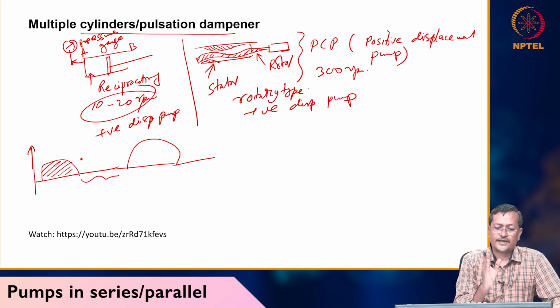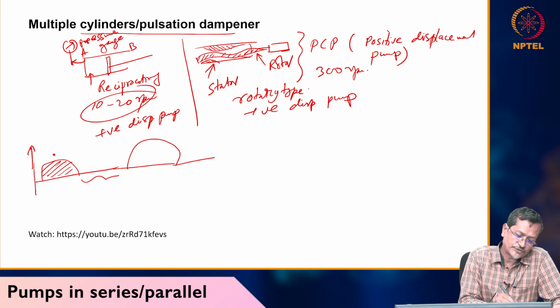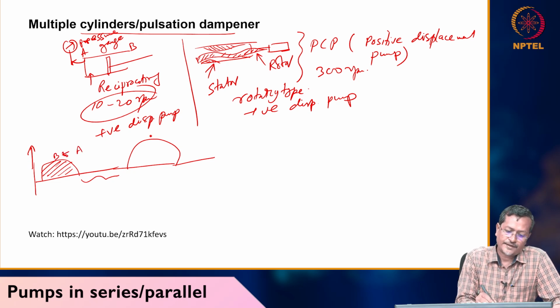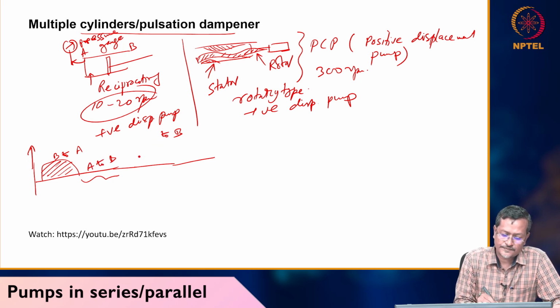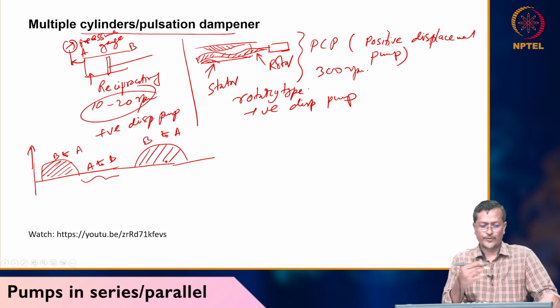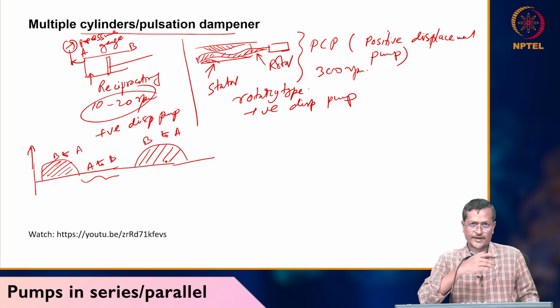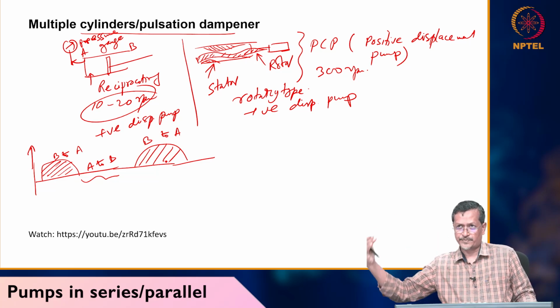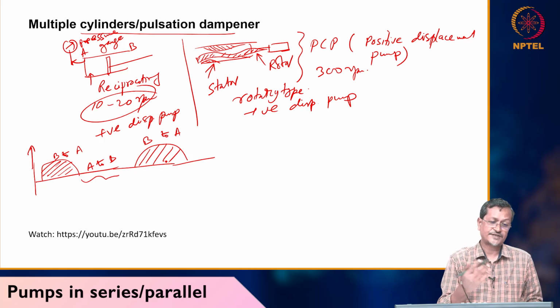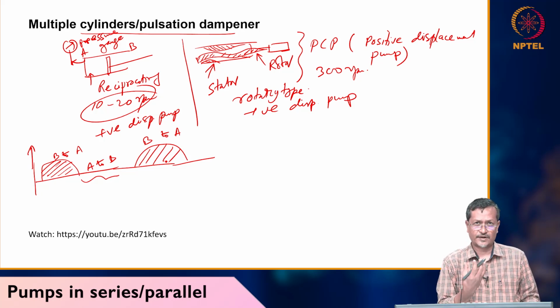When the piston moves from A to B, you are not getting any pressure. So we get pulses: pressure, no pressure, pressure, no pressure. So we get pulse pressure. For example, the human heart also gives a pulse like this. But a rotary type system does not give that pulse.